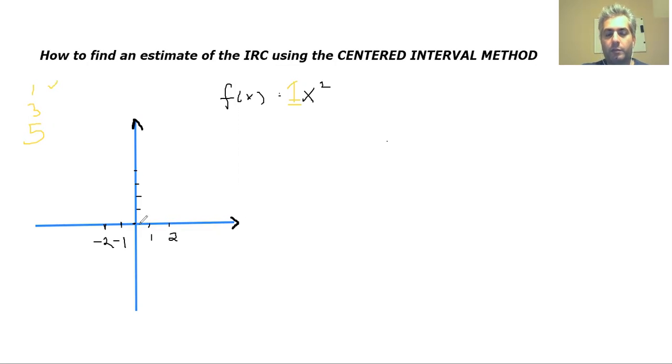We know that the vertex is at 0, 0, so that's your first point.